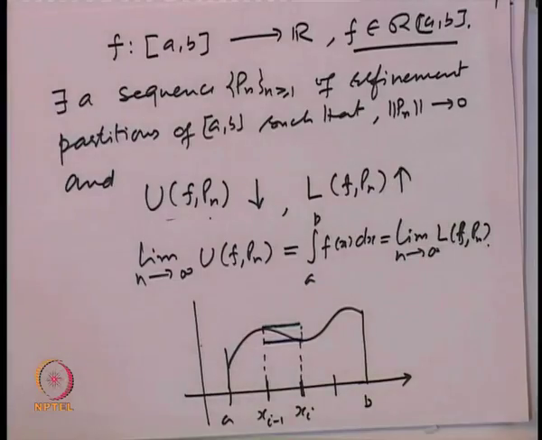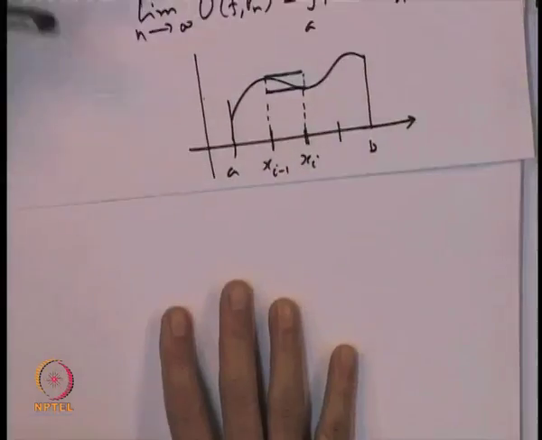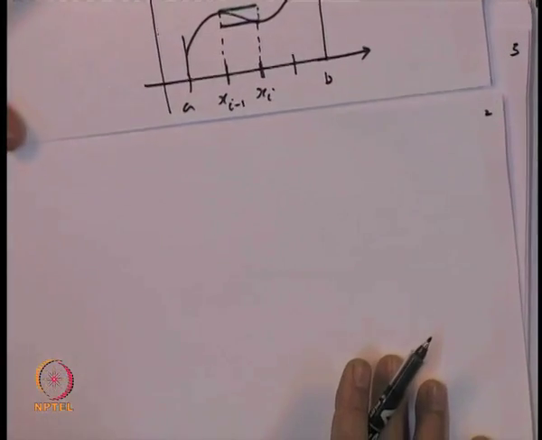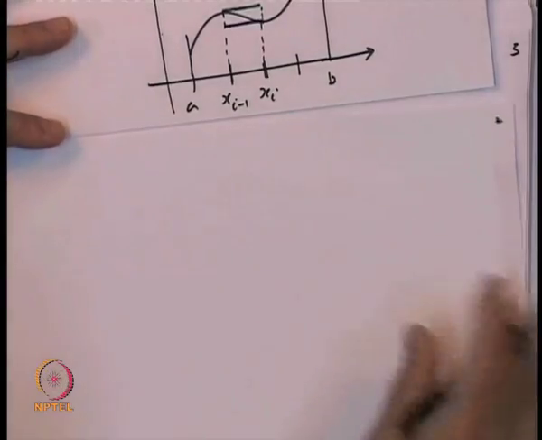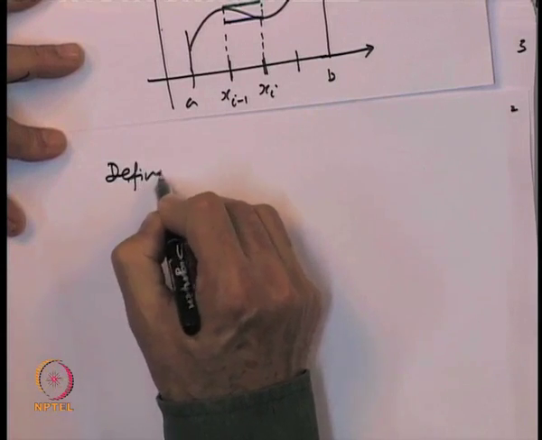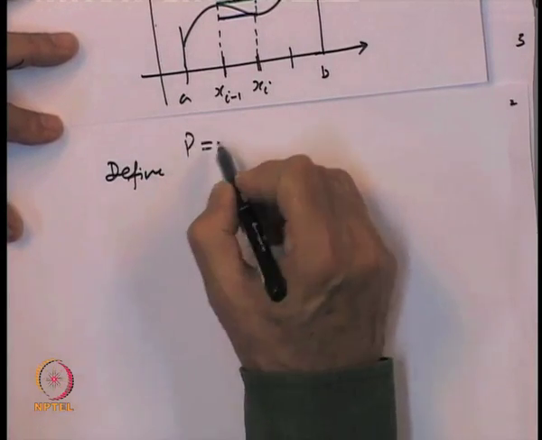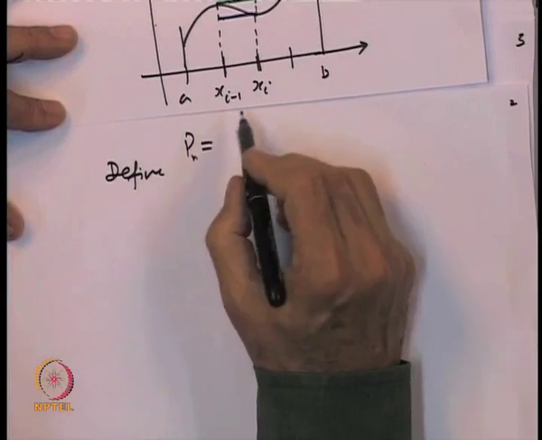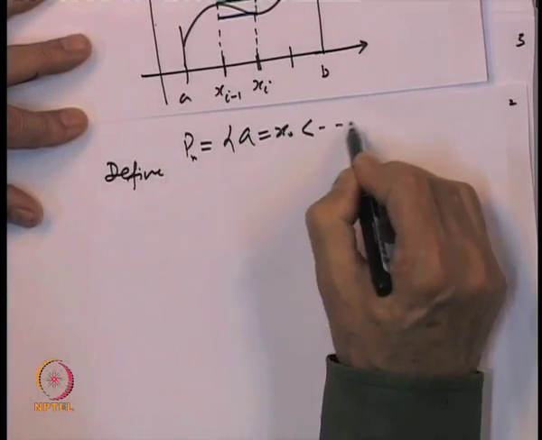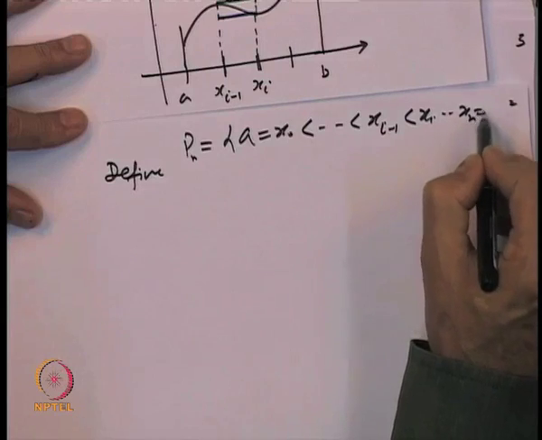So, mathematically what this means is the following. Let us write mathematically what it means. Let us say P n is the partition which looks like a equal to x 0 less than x I minus 1 less than x I, up to x n equal to b.